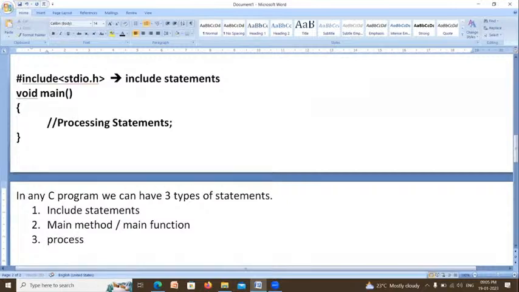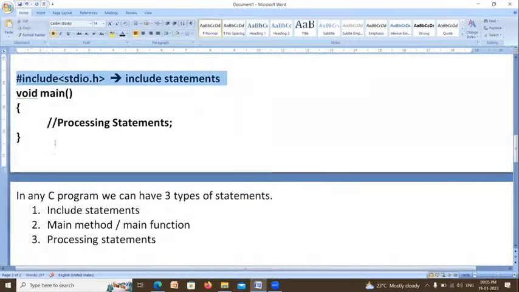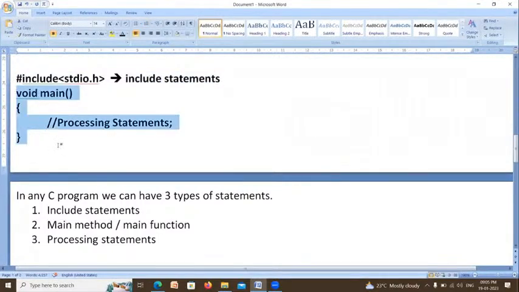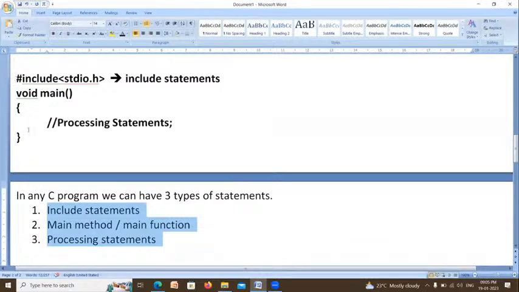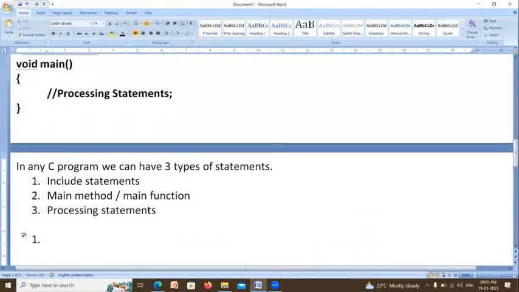Third one is processing statements. This line is called include statement, this is called main method, and this is called processing statements. In any C program, you can have these three types of statements. Now, what is include statement? Include statement means what?